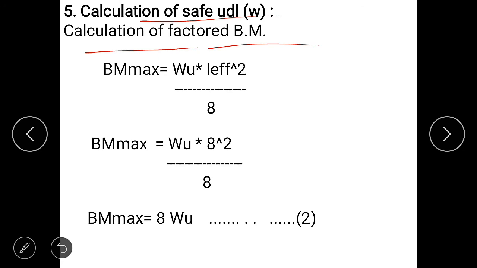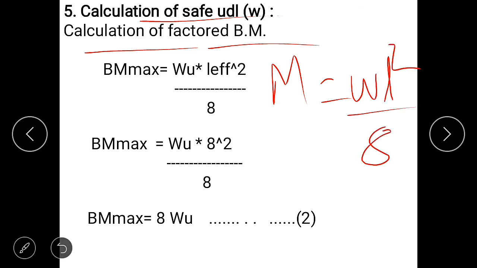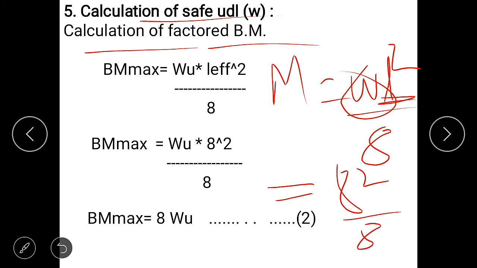Moment is equal to WL square by 8. We don't know W, but we know L. Length is already given. 8 square divided by 8 into W. So BM maximum is 8 Wu.